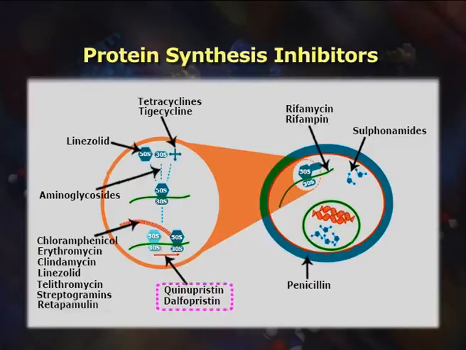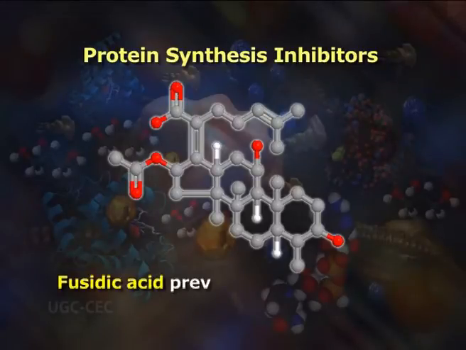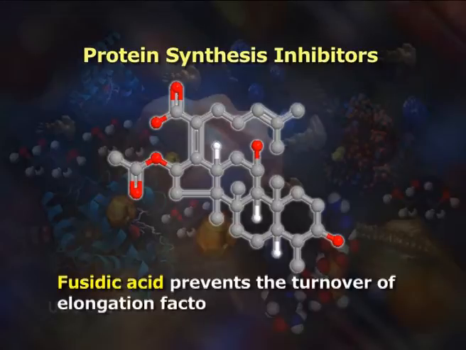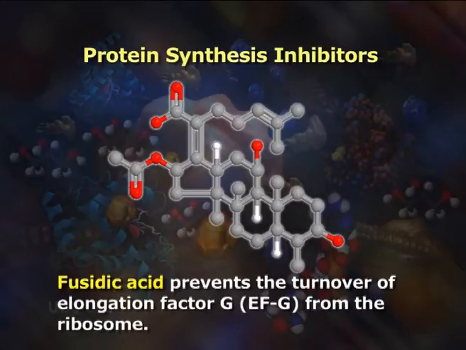Quinupristin binds to a nearby site on the 50S ribosomal subunit and prevents elongation of the polypeptide and enhances the release of incomplete chains. Fusidic acid prevents the turnover of elongation factor G, that is EFG, from the ribosome.